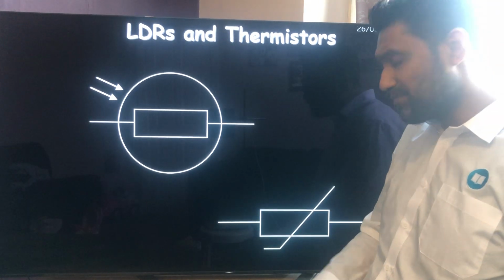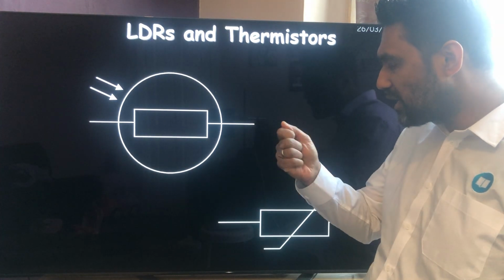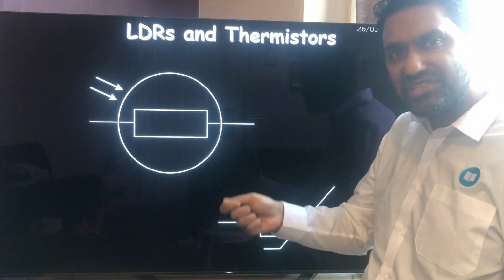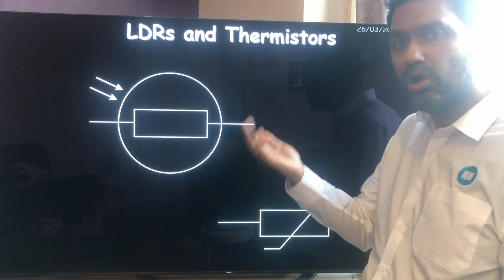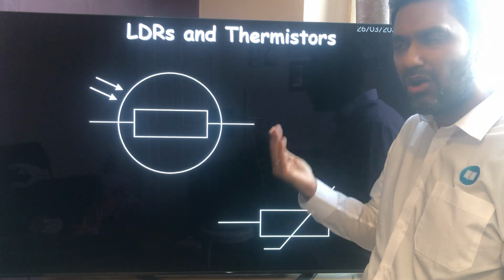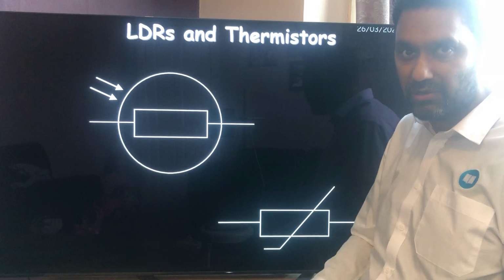So how does that work? Same again, it's a bit counterintuitive: as it gets warmer, the resistance decreases. So if the resistance decreases, there's more current flowing through it. If it's getting hotter, there's more current flowing through it, but if you want to switch it off, you need to tell the circuit to switch off.